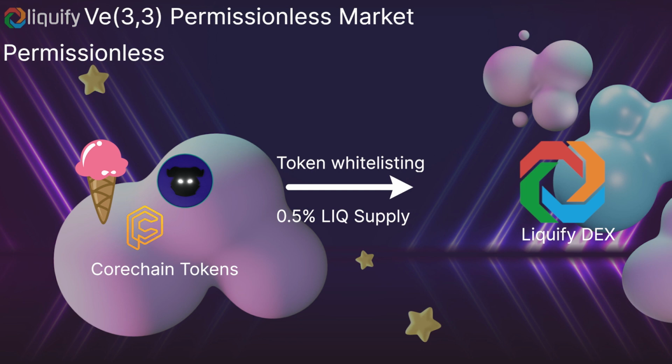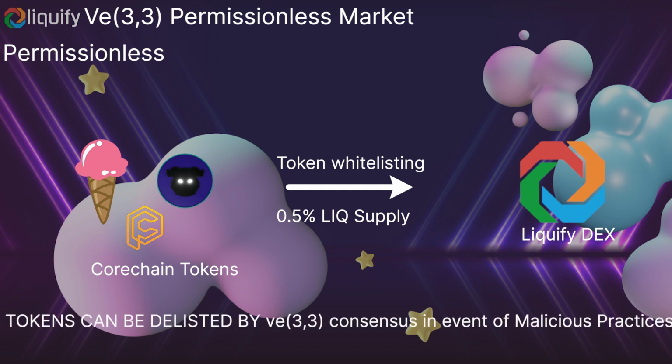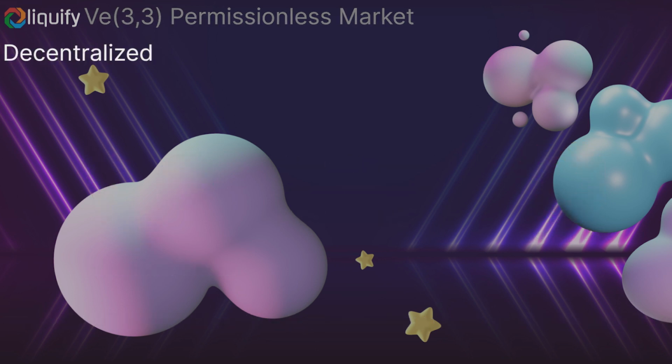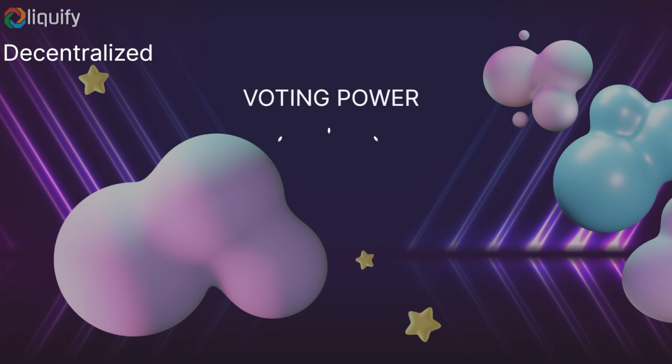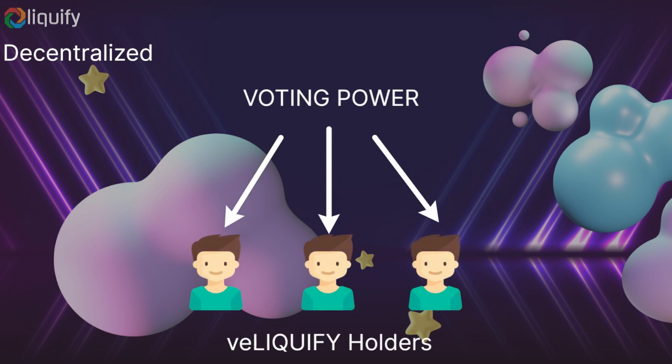And since Liquify is using the V33 model to maintain the integrity of the platform, Liquify holders are also able to downvote and remove tokens involved in counterfeit or malicious practices, making the system robust and safe for use. Having voting power distributed among Liquify holders rather than being entirely controlled by a centralized authority also fosters the decentralized nature of the Liquify network.